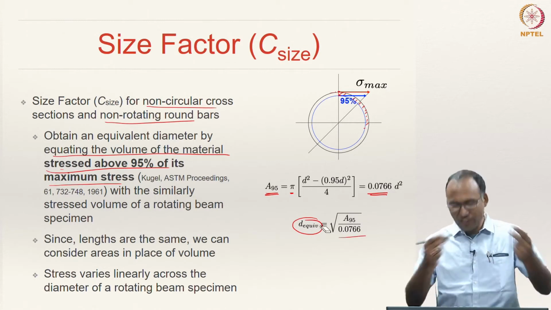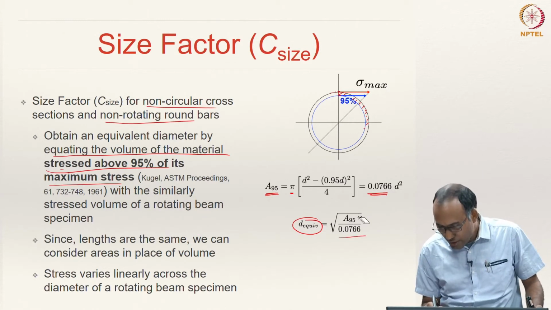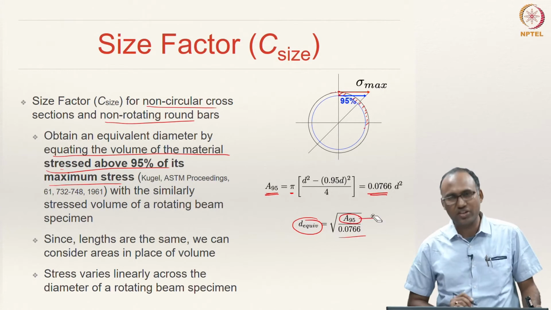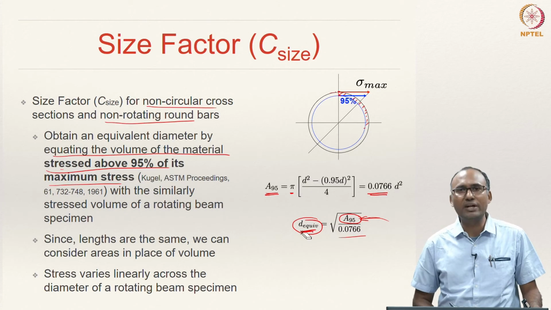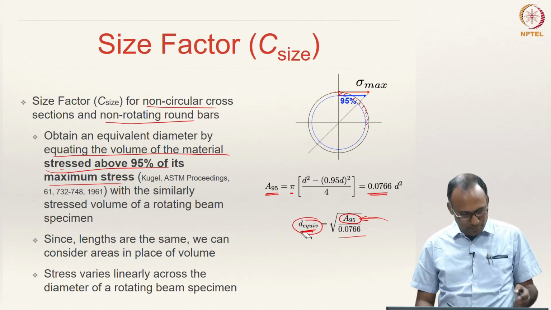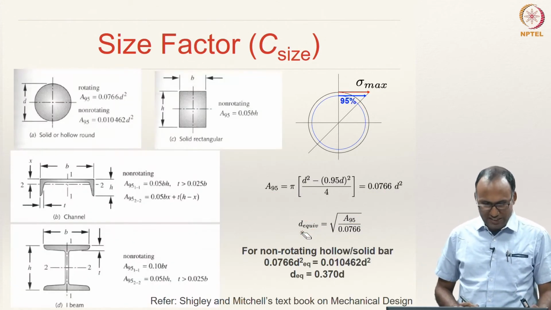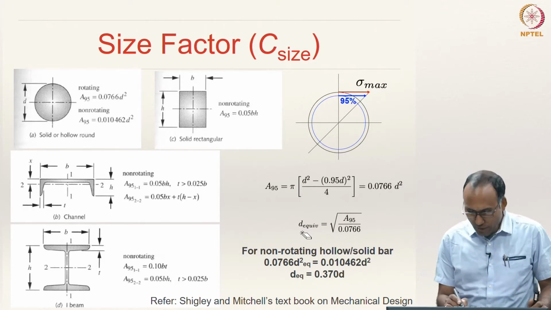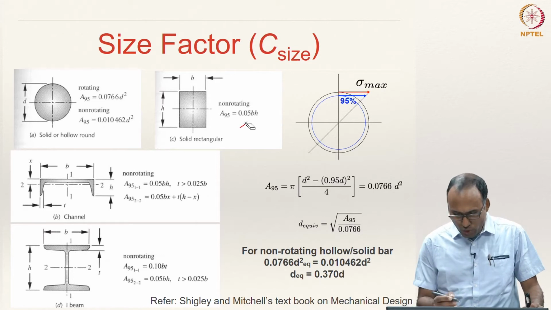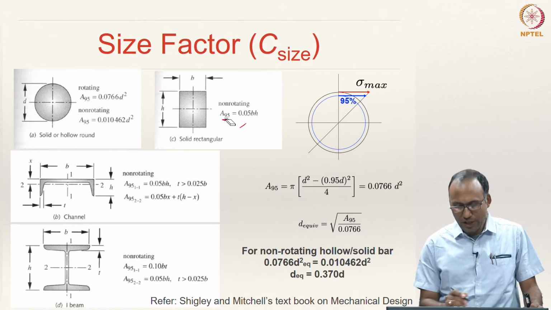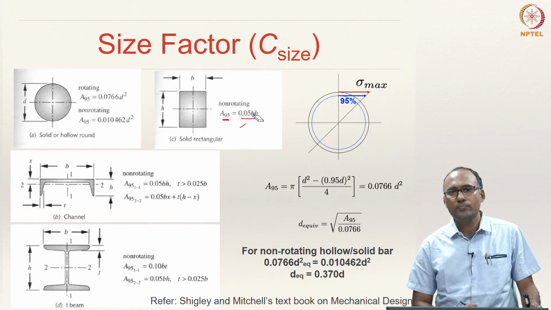So, if you have a different cross section, all that you need to do is calculate the A95 of that cross section, plug in that value here, and then calculate the equivalent diameter. Okay, let us see one quick example. For a rectangular cross section, you know that A95 is 0.05 times BH.